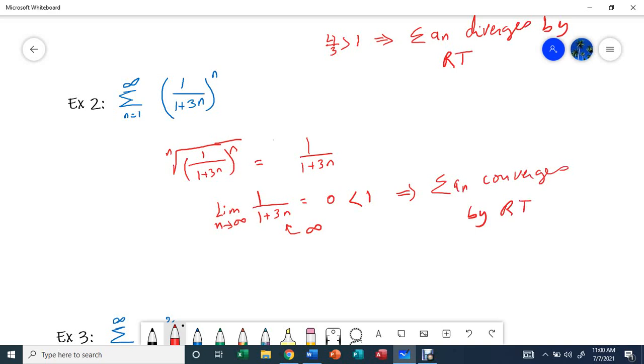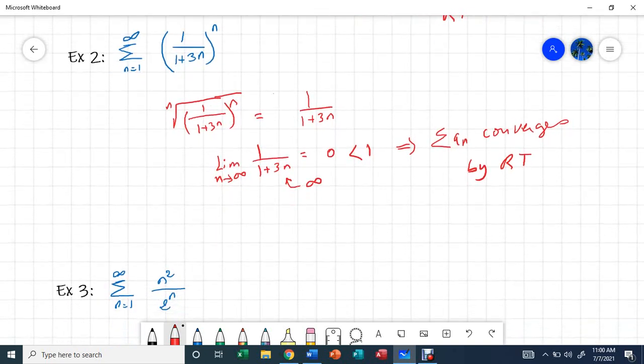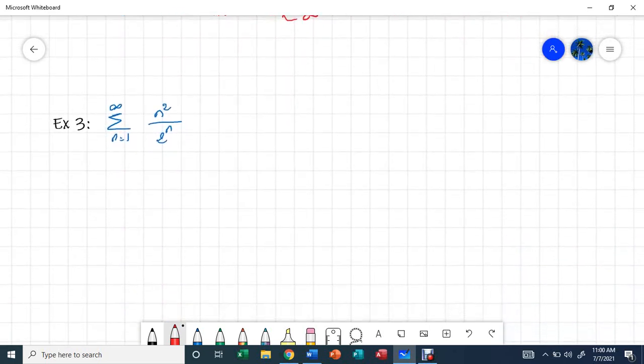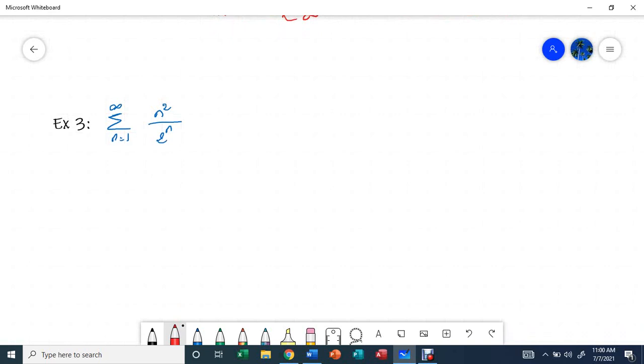Okay, now let's look at the last question. We have a series from n equals 1 to positive infinity of n squared over 2 to the n. And same thing, we're gonna use the root test. So the nth root of n squared over 2 to the n.